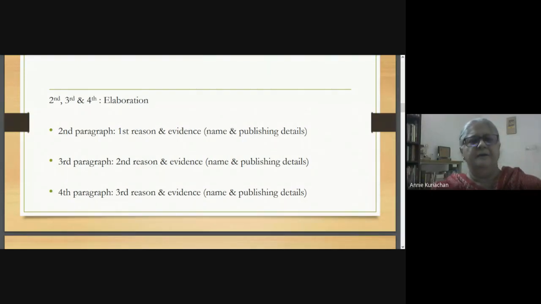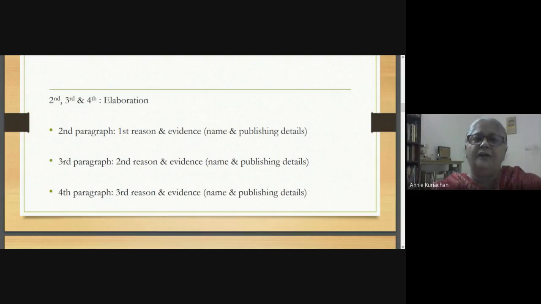But please remember, each of these evidences are again unique to that particular reason. We can't have the same evidence for all the three reasons. So first reason has its own evidence, second reason has its own very singular evidence, and the third has its own evidence. If you compile many distinct but relevant evidences, your study gets stronger and stronger.